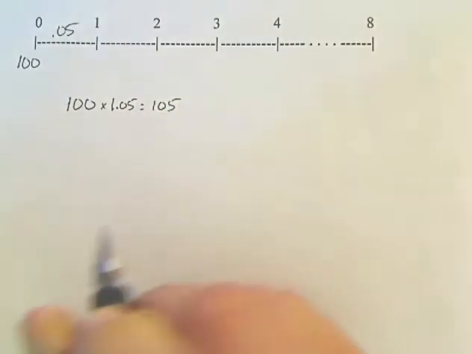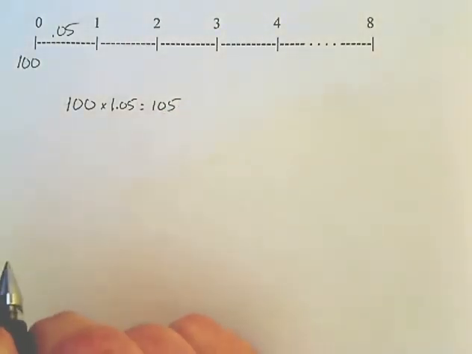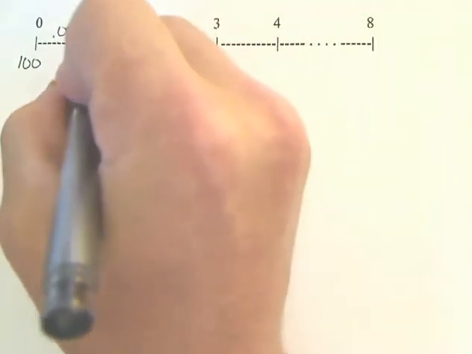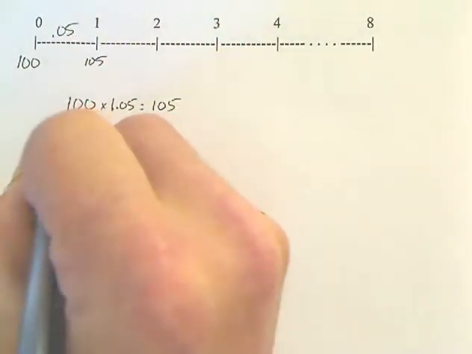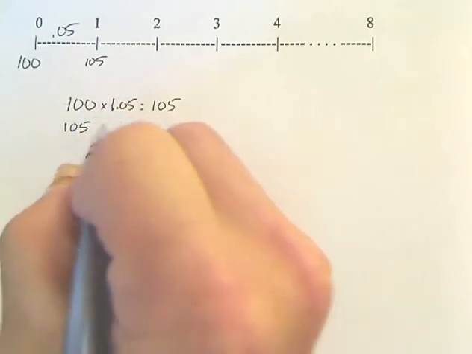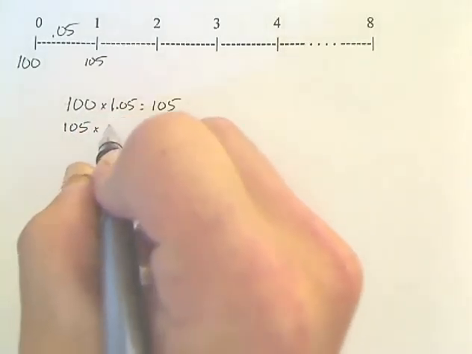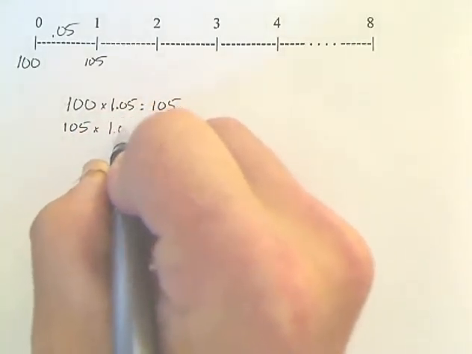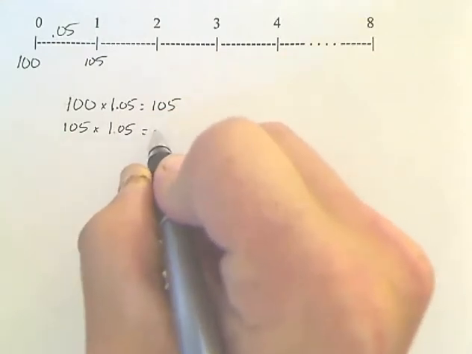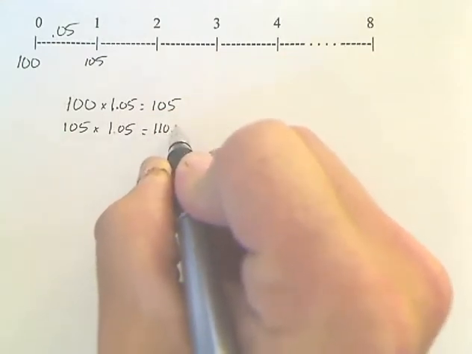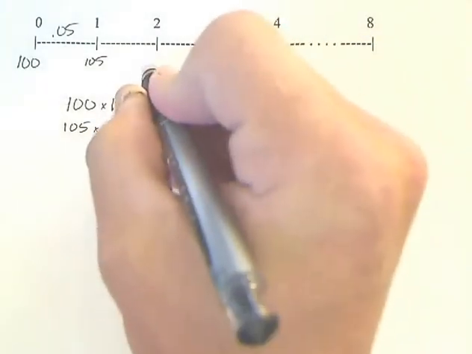So after 1 year, we've got $105 in our bank account. So now it's worth $105. What about after year 2? We'll take our $105 and multiply again by 1.05 to get 110.25.